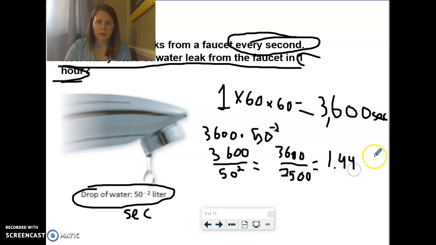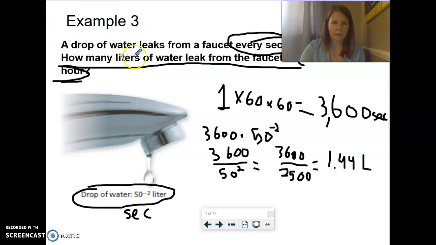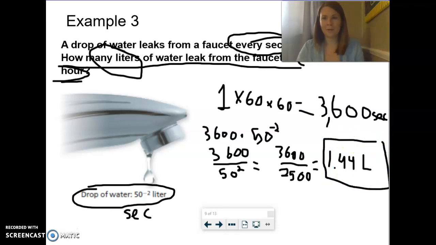And it's going to be in the measurement of liters, because remember I wanted to figure out how many liters it is leaking. So ultimately, after an hour, you'll lose 1.44 liters. So it's really important that you make sure you turn your faucet off if it's leaking, because you don't want to waste water for everybody else.